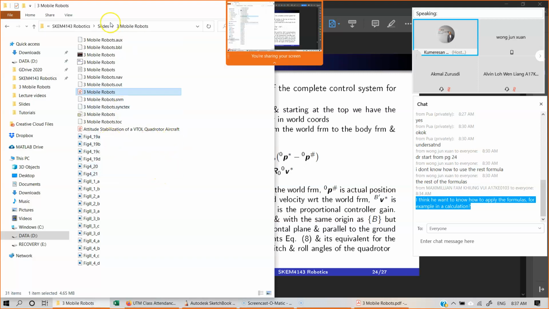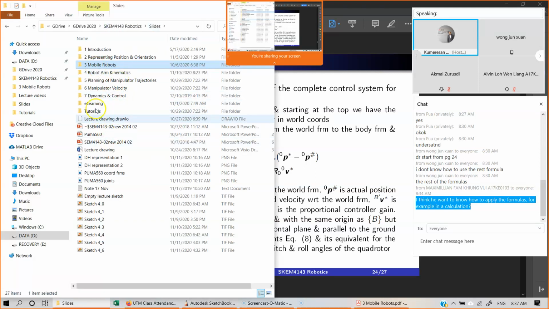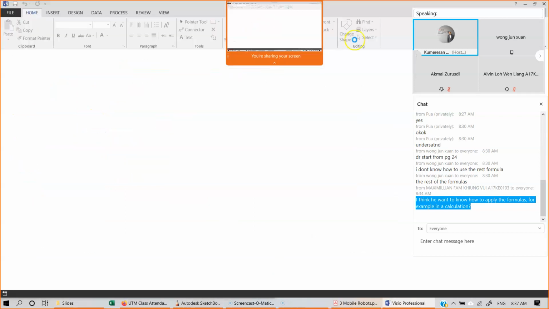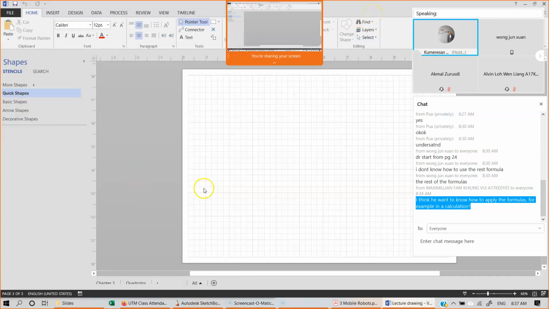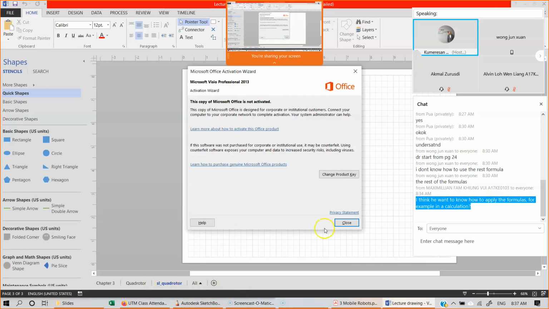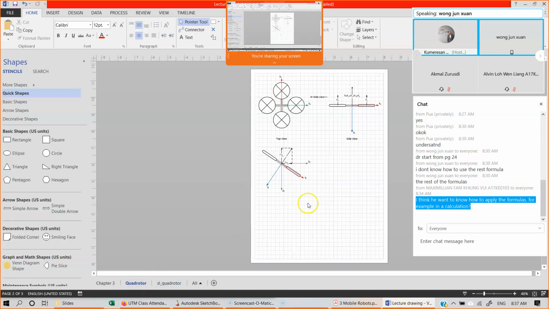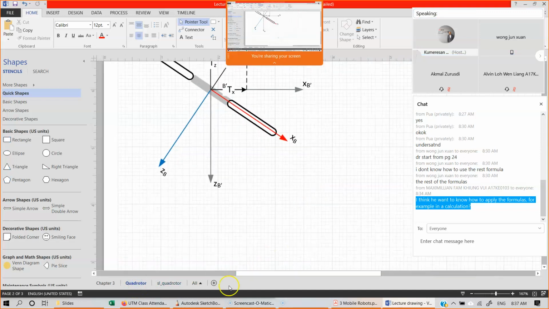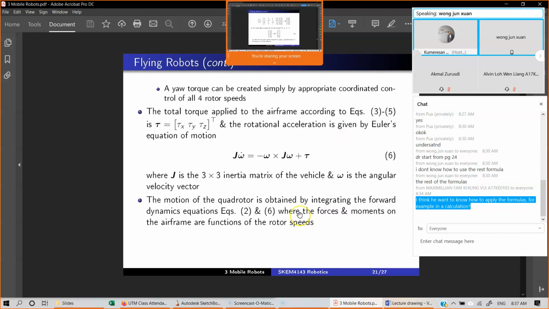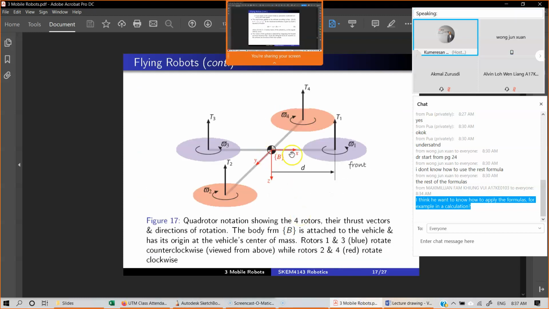Let me see if I can open it. So we have B coordinate frame, we have B prime coordinate frame. Yeah, here, right? So if we look at the slides, this is coordinate frame B. Coordinate frame B is fixed on the quad rotor, right?